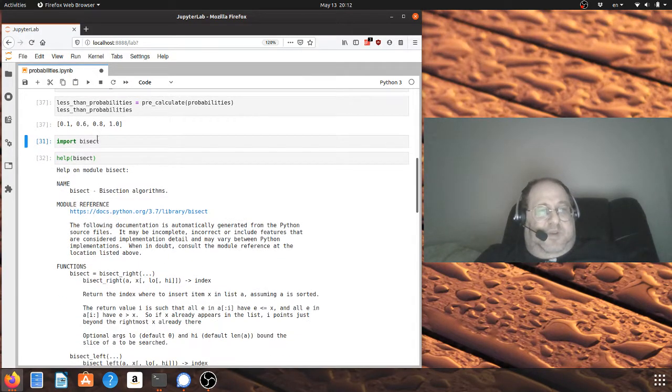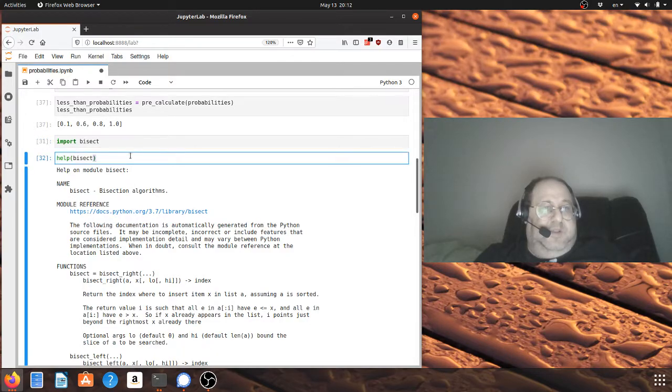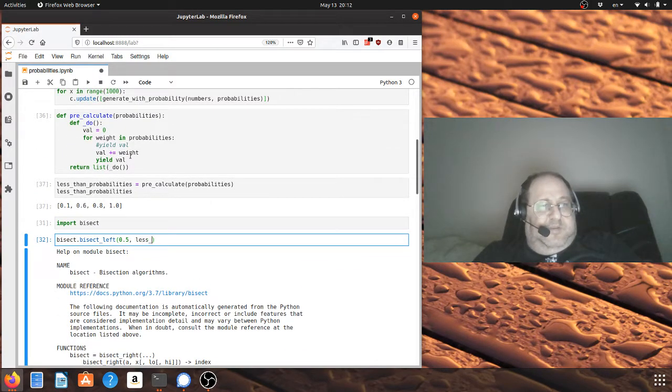We're not going to insert the number, but let's see what happens when you do bisect.bisect_left, and let's see what happens when we do 0.5 and the list, so less than probabilities.